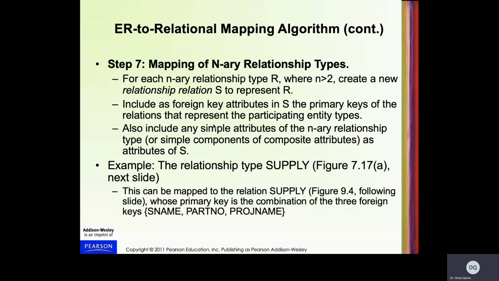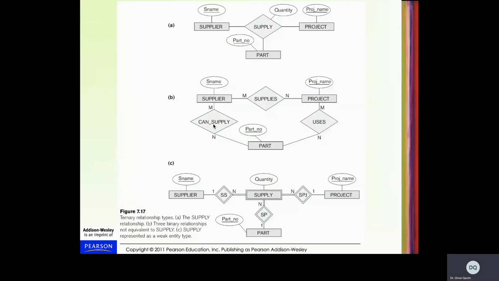Now, so far we have talked about binary relationships in which there were only two entity types involved. But what if there are more than two entities involved within a particular relation? So n-ary relationships, for which we saw an example where a supplier is supplying a part for a specific project. So we have this three-way relationship in which three entity types are involved.